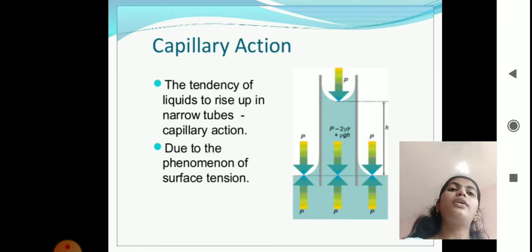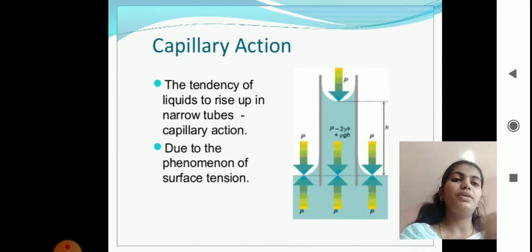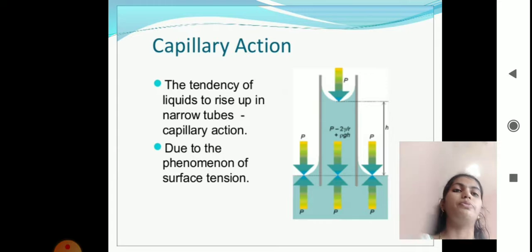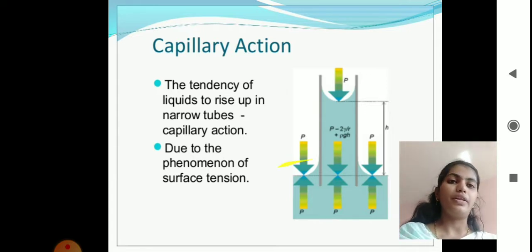It means the tendency of a liquid to rise up in narrow tubes, capillaries, due to the phenomenon of surface tension. The liquid rises up in narrow tubes because of the capillary action.